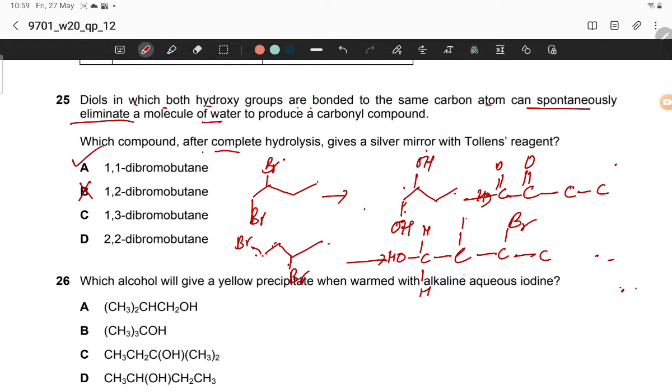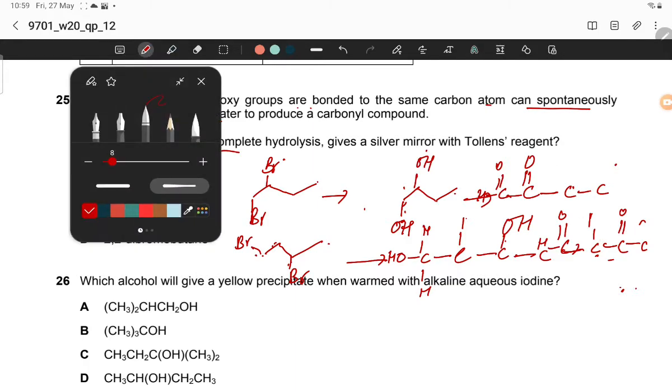So complete hydrolysis gives ketones, and ketone does not give the silver mirror test.